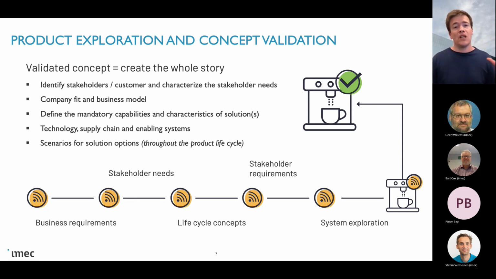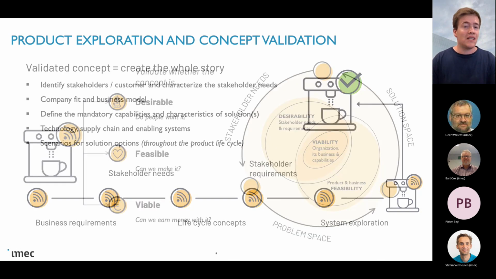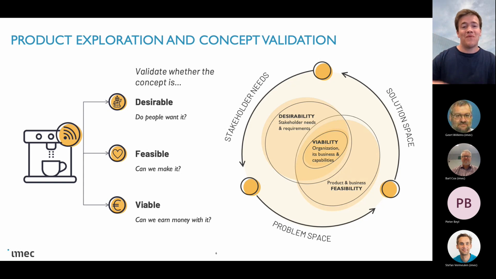Sometimes we're already sure and we don't really need to test anything, but some other aspects can come with certain risks, and it's these risks that we try to de-risk via this exploration phase and via the validations that we do. So basically, the goal at the end of that validated concept is to be sure that our concept or smart product idea is desirable.